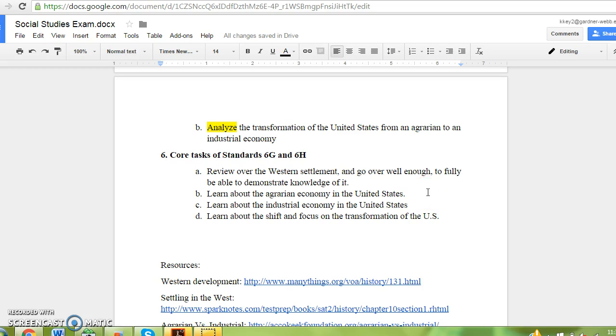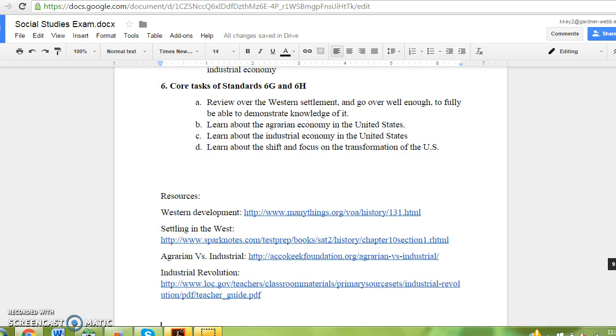I'll have to learn about the agrarian economy in the United States prior to the Industrial Revolution, and I'll also have to learn about the industrial economy. Then I have to focus and learn about the shift: how did the shift occur from the agrarian economy to the industrial economy? Here are some resources that I found very useful.